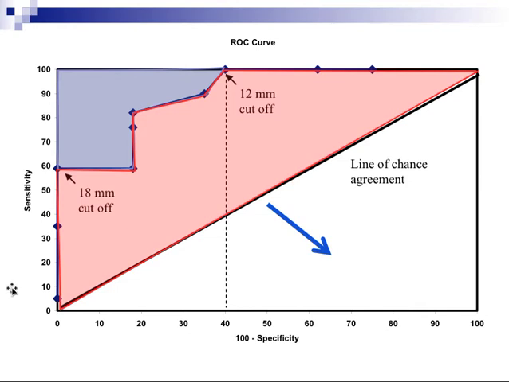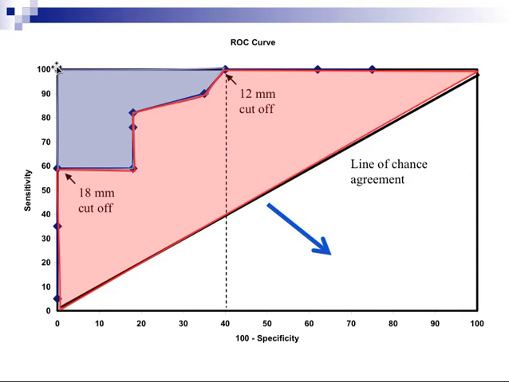And on the y-axis, what we see being plotted is just the actual sensitivity itself. So basically 0 errors on the y-axis will be 100%, and that means there'll be no false negatives. And then 0 errors on the x-axis will be 0, meaning that the false positive rate is 0.